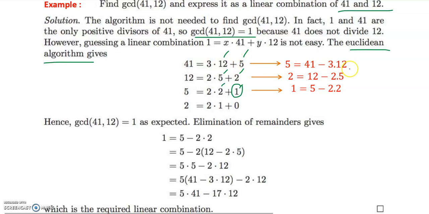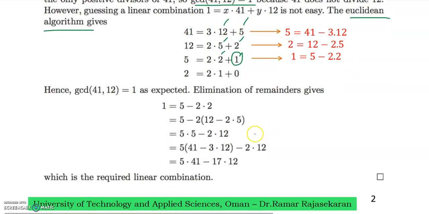Now, elimination of remainders gives the linear combination of 41 and 12. How? Start from here: 1 is equal to 5 minus 2 into 2. This is the first step. Then I have the remainder 2 as 12 minus 2 into 5, so we substitute this value for this 2.